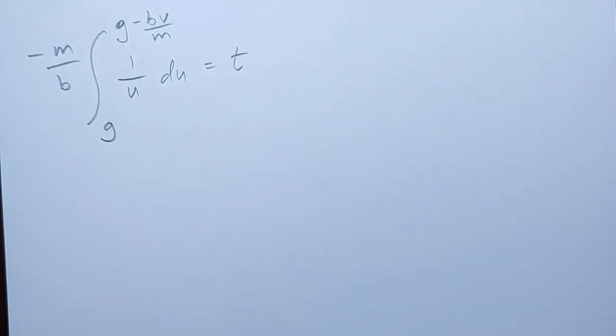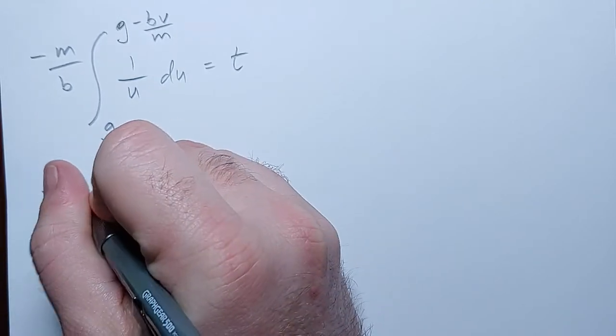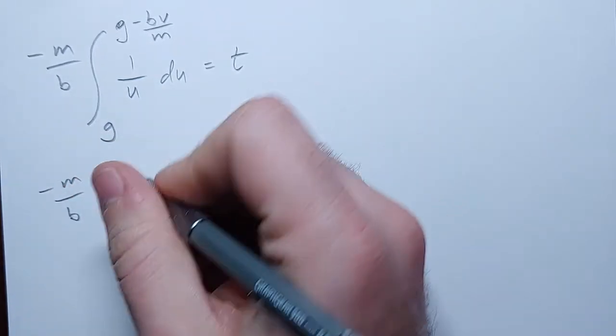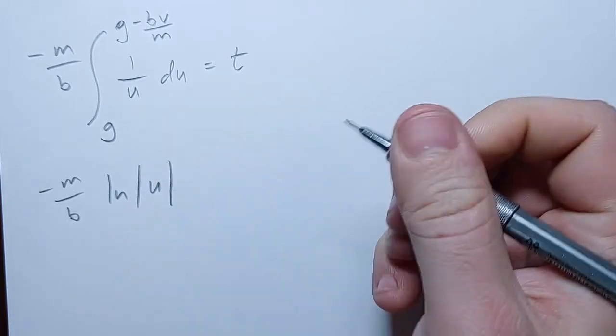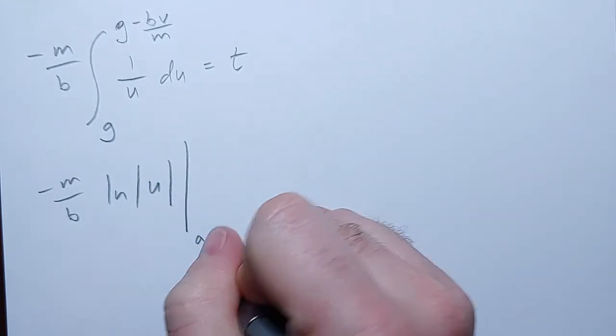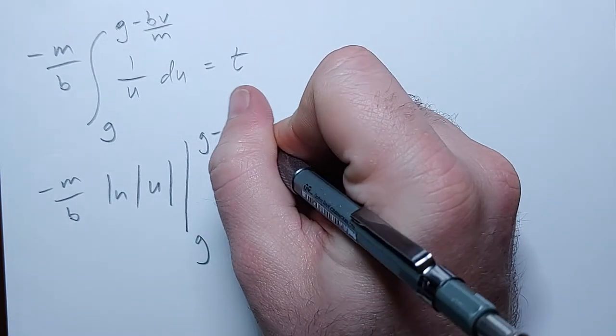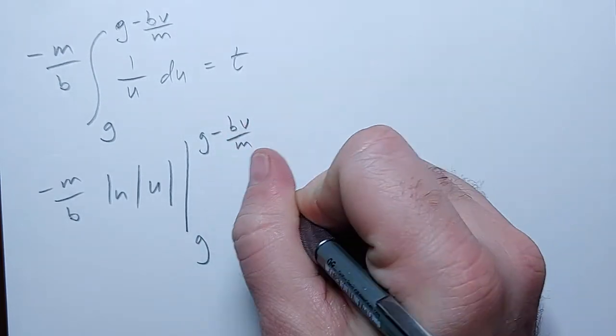And so, of course, the integral of 1 over u du is the natural log of the absolute value of u. And so we're going to get negative m over b, log of the absolute value of u, evaluated from g to g minus bv over m, equals t.